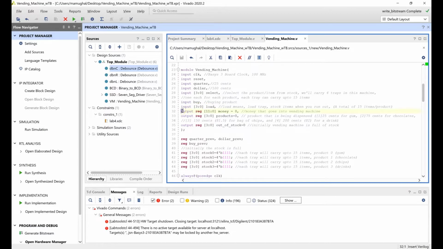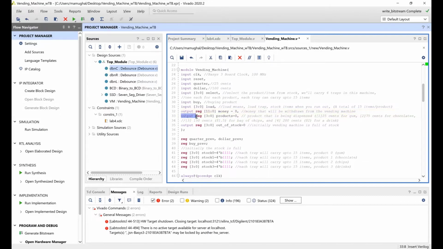We also have 2 outputs here, one for the money. This money is not necessarily money that goes into the vending machine, but money that will be withdrawn from the vending machine. So for example, if you're trying to buy a gum which is 25 cents, and you insert $1, then the return will be 75 cents.